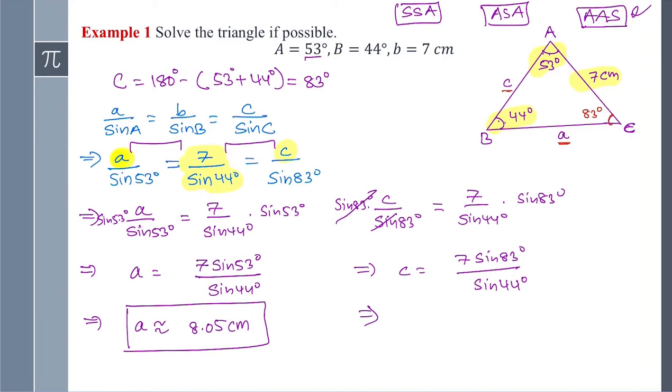Putting this into the calculator, we get approximately C equals 10 centimeters. So now we found all the sides: A equals 8.05 centimeters and C equals 10 centimeters. That means we have all the angles and all the sides, so we solved this triangle.